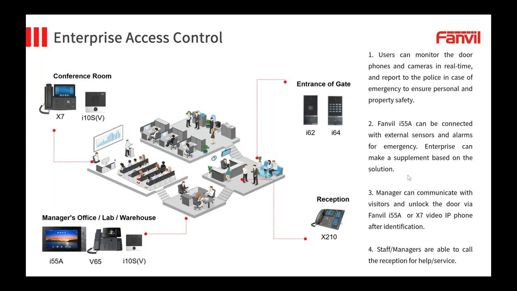Third, managers can communicate with visitors and unlock the door via Fanvil I55 indoor stations or the video IP phone X7 after their identification. And last, the staff and managers are able to call the reception for help or services.